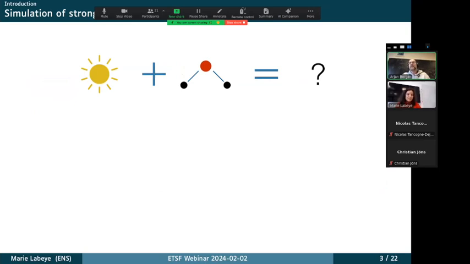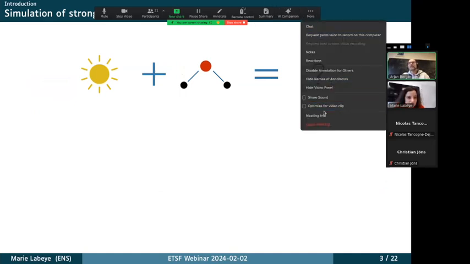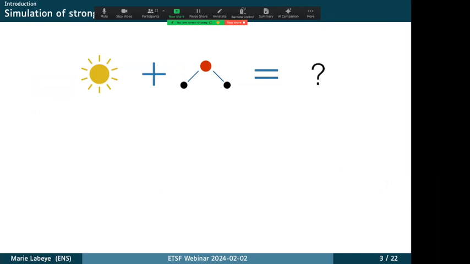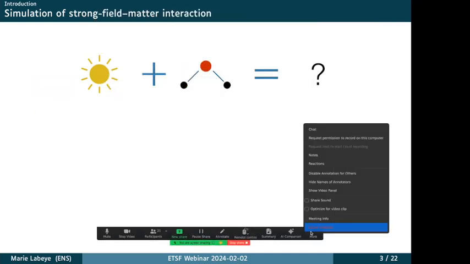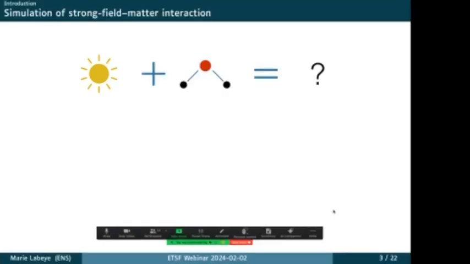Marie, I think you can hide these panels. Okay, more. Hide video panel or something like that. Hide name, hide video. Is that it? You can hide everything, I think. Names, no. Hide disable annotation. Optimize for video clip. I don't know.